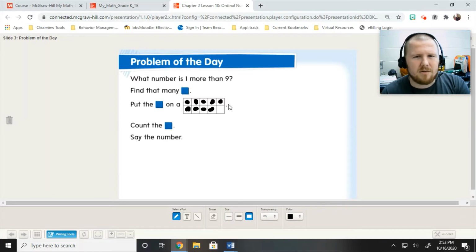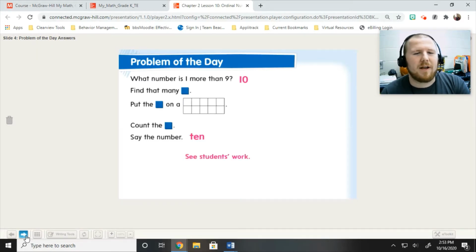So I have 9. If I add one more, that makes 9, 10. It is 10. Look, this 10 frame is completely filled. That means there's 10. Good. I am number 10. Okay, let's move on.